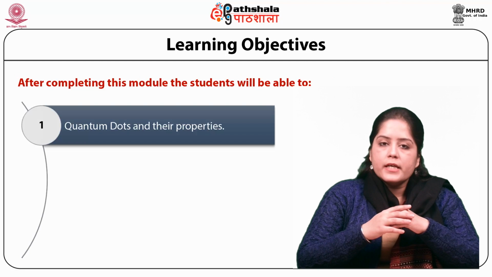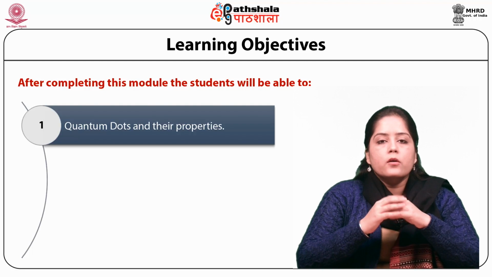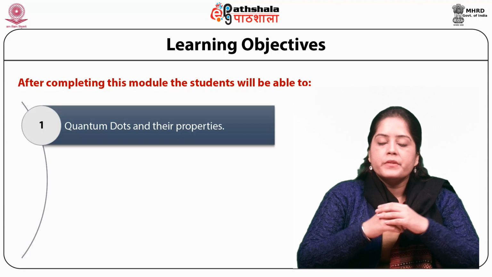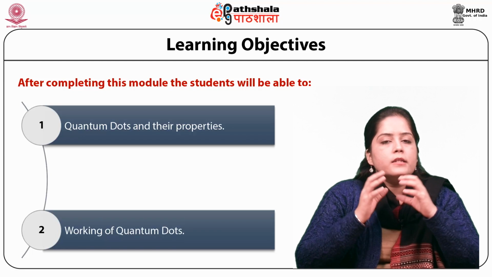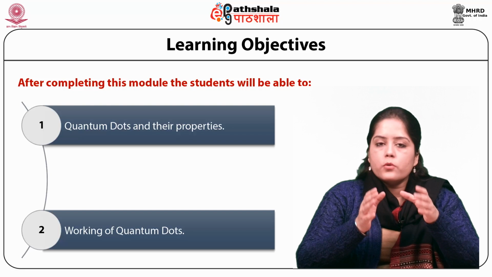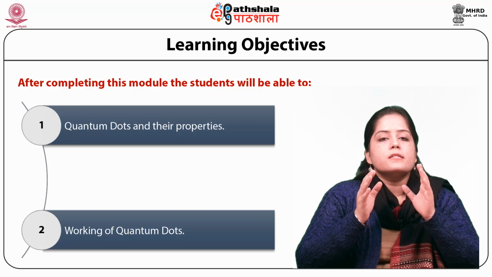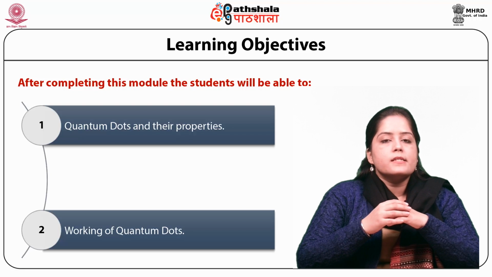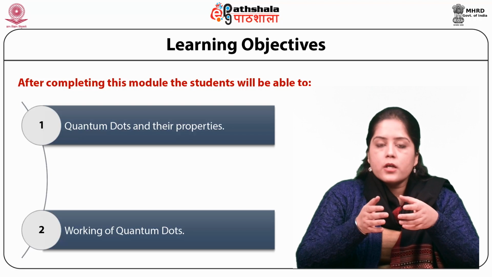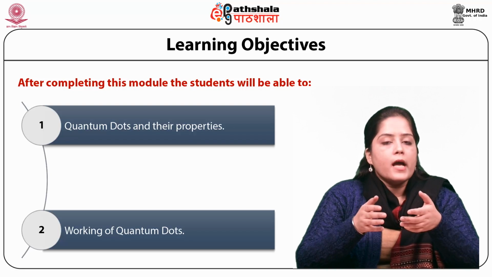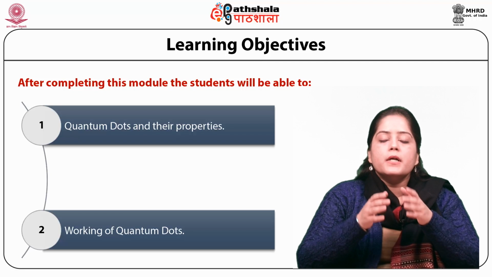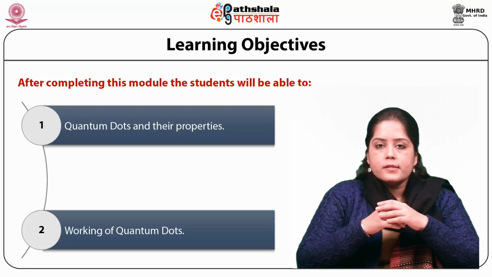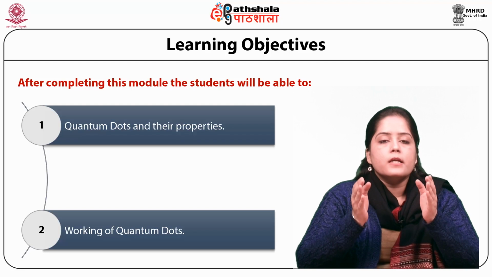First, the applications of quantum dots in solar cell will be discussed. Secondly, the special types of solar cell, that is dye-sensitized solar cell, multi-junction, hot carrier capture and multiple excitons, will be discussed in this module.